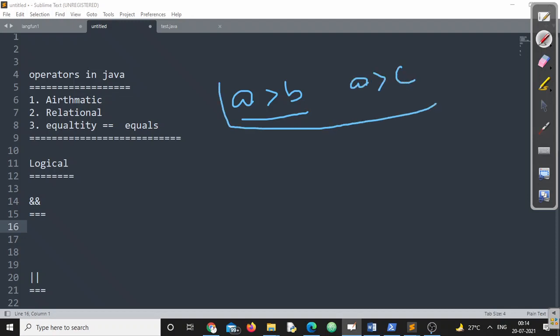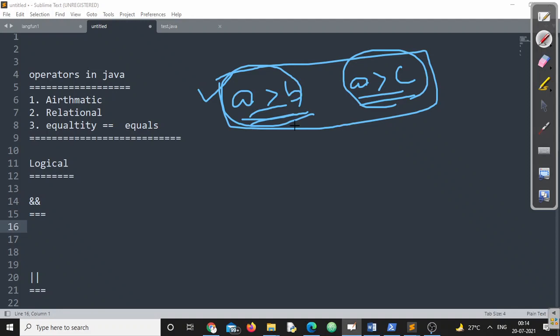Suppose there is a requirement to check whether A is greater than B as well as A is greater than C. In that case, we need to combine these together to check whether both these conditions are true. If both conditions are true and I want a completely true result, that might be one requirement, right?